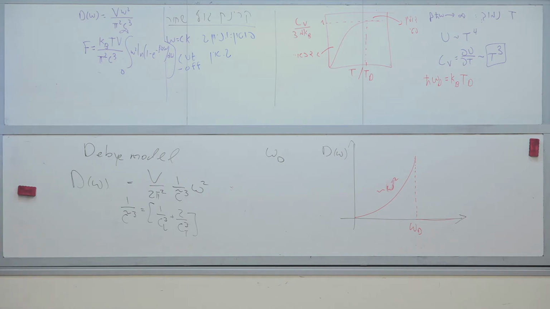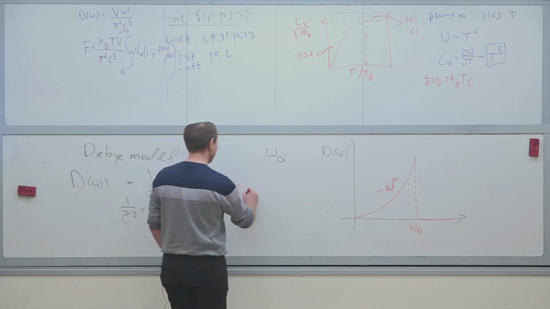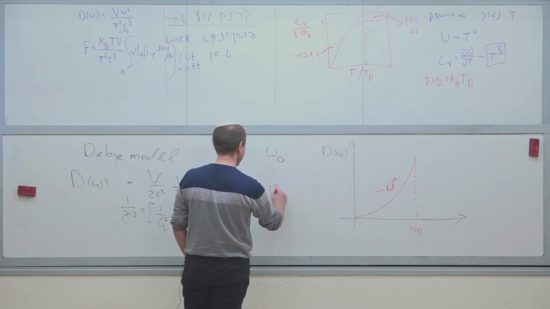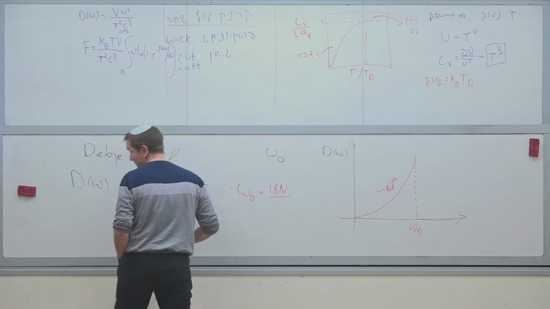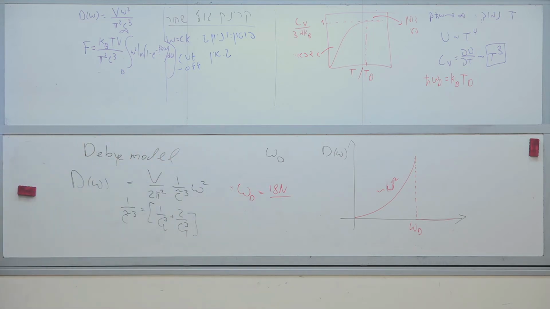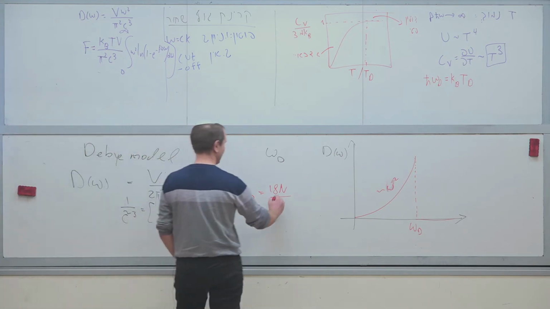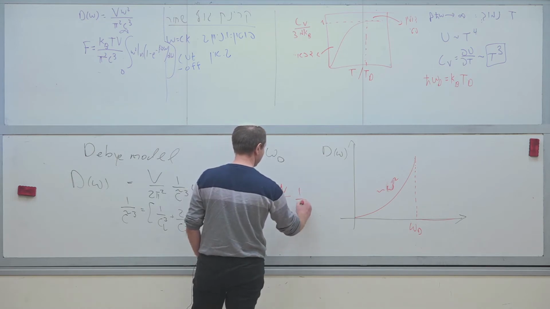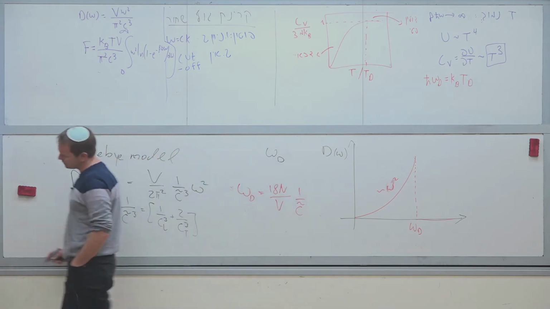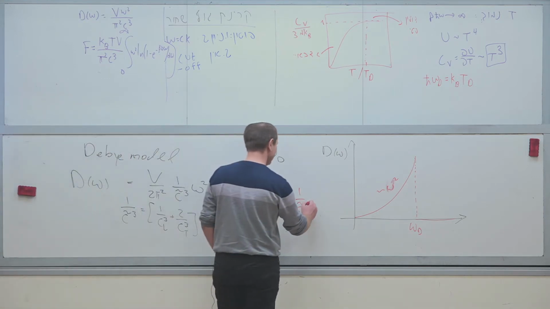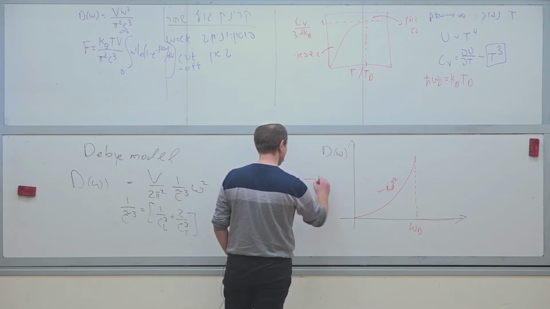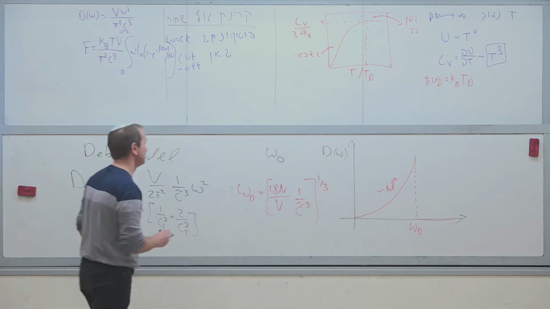And the omega Debye that we calculated was, let me remember, it seems peculiar what I have over here. So omega Debye was 18 divided by, N divided by the volume, 1 over c tilde to the third, and all of this to the power 1/3.